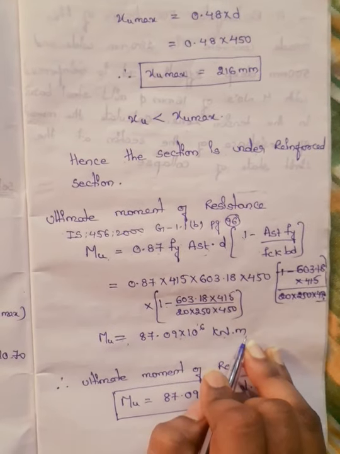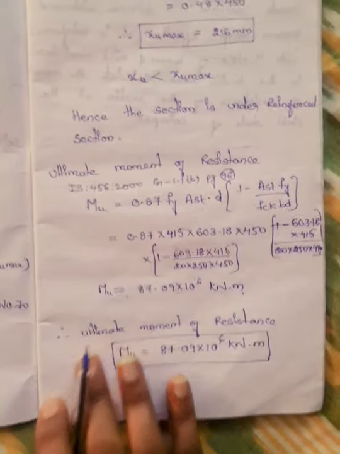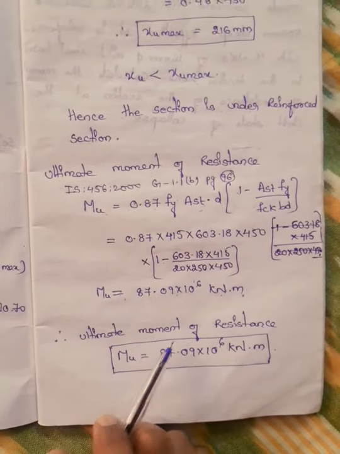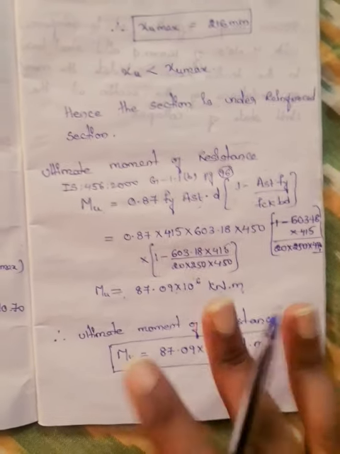Mu is given in kilonewton meter, right? Therefore the ultimate moment of resistance Mu equals 87.09 into 10 power 6.